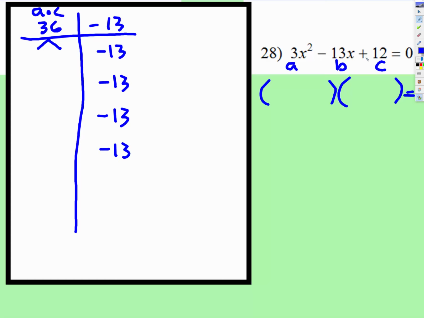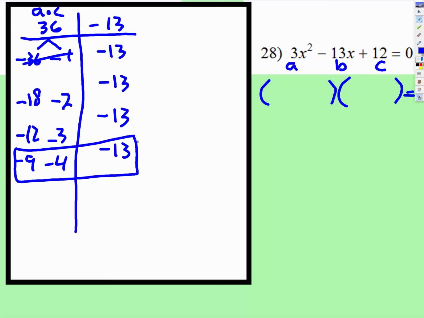This is negative, this is positive, so both terms are going to have to be negative. We're not even going to worry about -36 and -1, -18 and -2, -12 and -3, they don't add up to -13. What about -9 and -4? We have ourselves a winner.